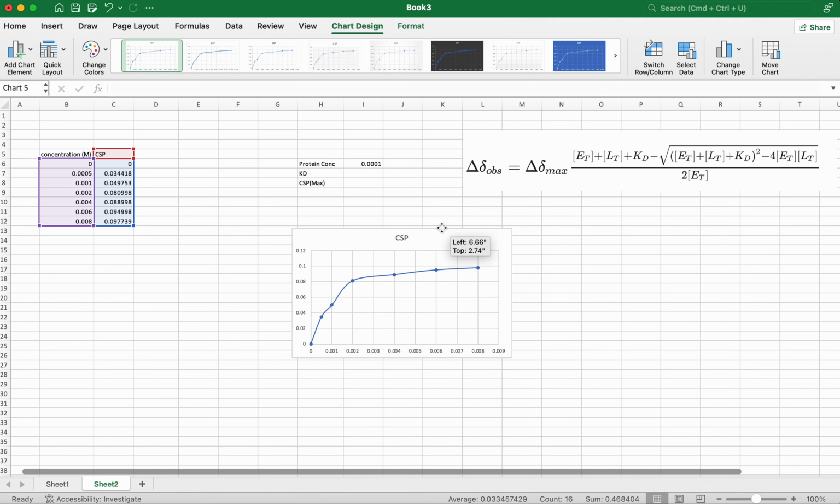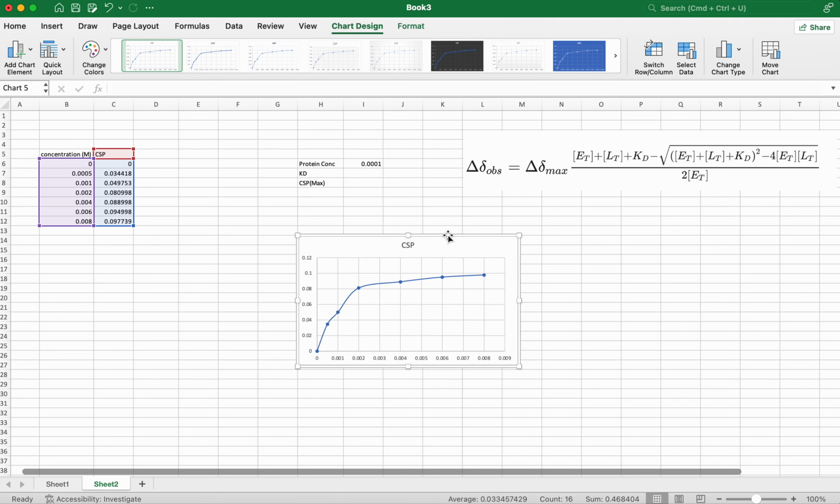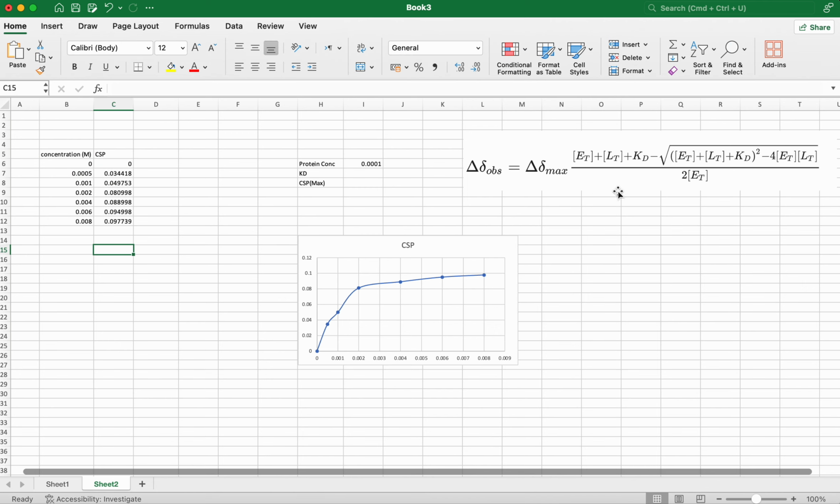From this we can get KD by using this equation here. Delta observed is what we have here, and delta maximum is the maximum change in chemical shift. Here also we have ET, the total protein concentration, and LT, the total ligand concentration.